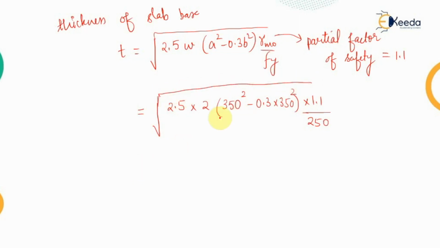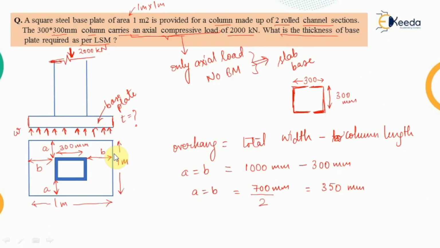So from here we will get t equal to 43.4 millimeters. This is the thickness of the slab base which will be required to transmit the load of 2000 kilonewton safely to the concrete pedestal.